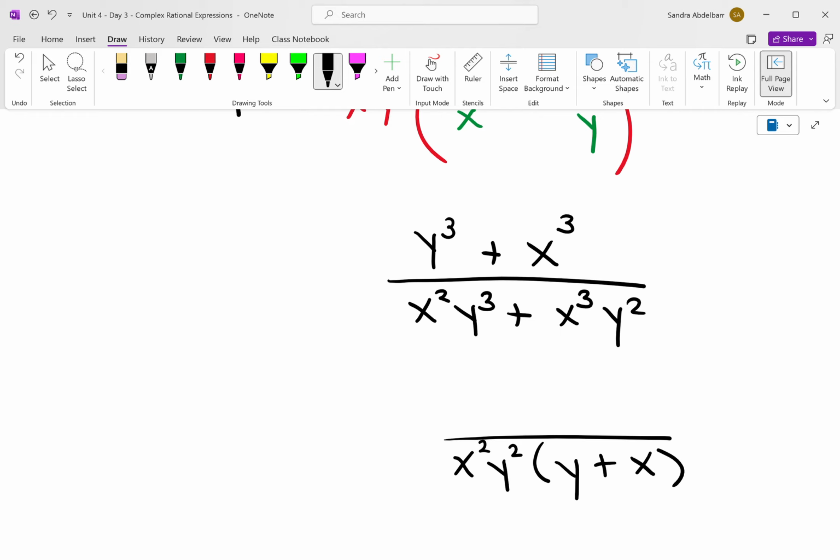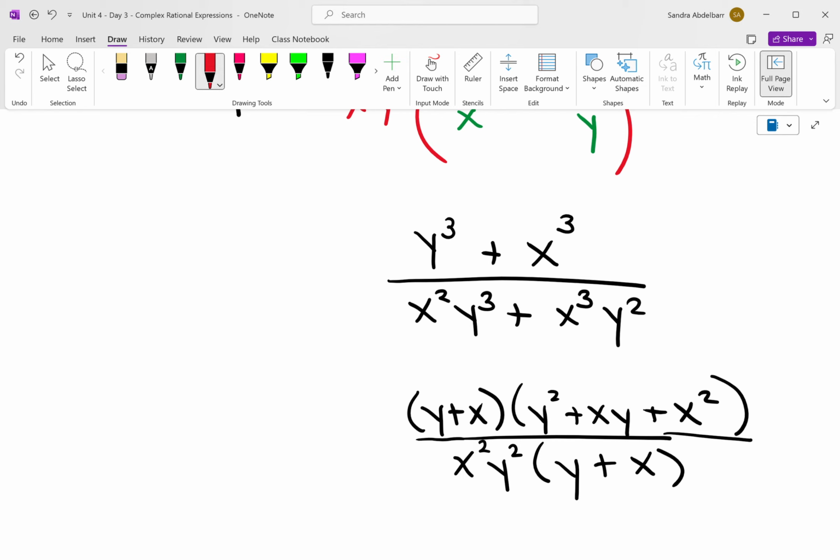What about the numerator? Danny? We just do sum of cubes. Yeah, it is sum of cubes. So in sum of cubes, we're going to have y plus x, and then y squared plus xy plus x squared.